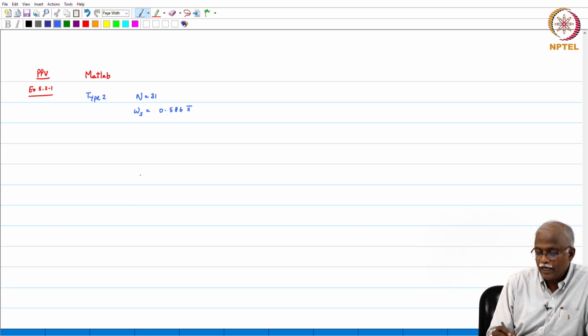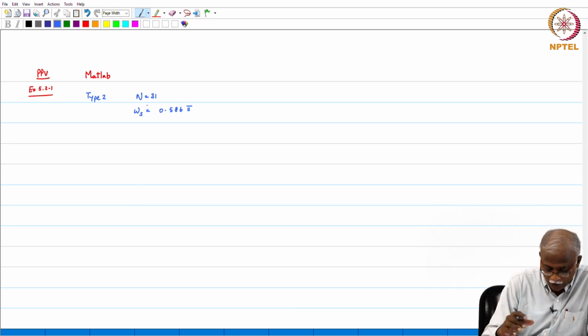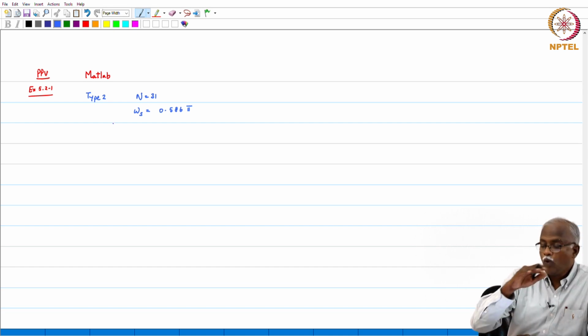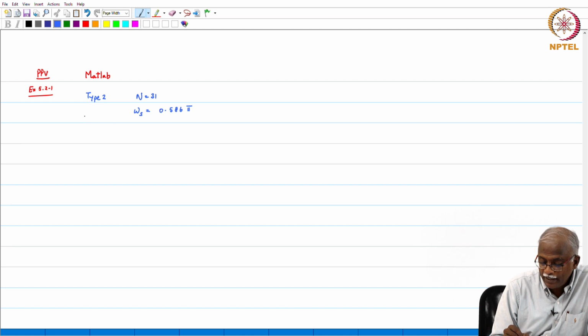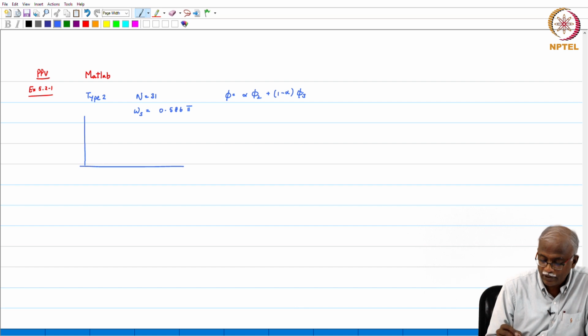And if you can then design the filter through optimization, and then show what is the stop band attenuation that you have for H naught. So basically you would have to design it with the overall constraint as alpha times phi 2 plus 1 minus alpha times phi 3.